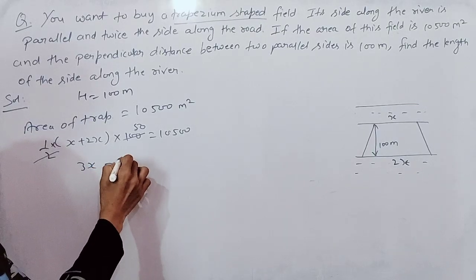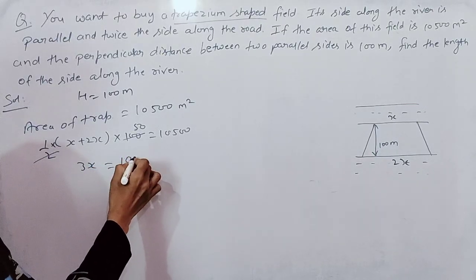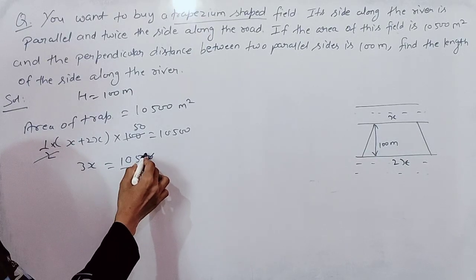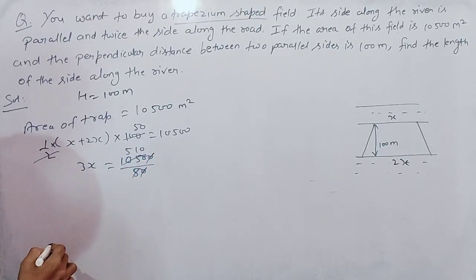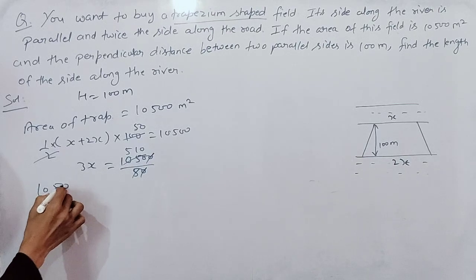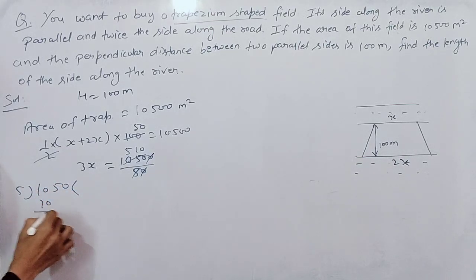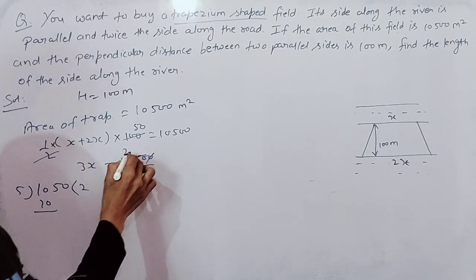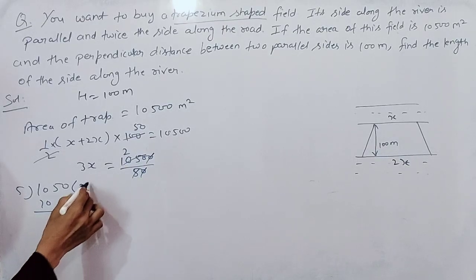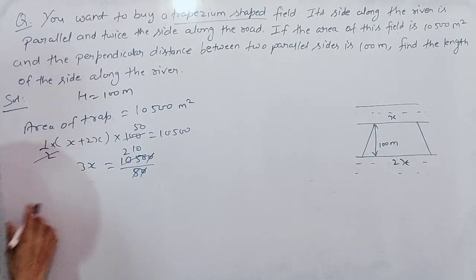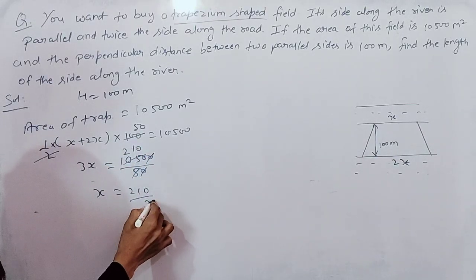Now 10,500 upon 50. 5 twos are 10, 5 ones are 0, so 210. So 3x is 210, and x is 210 upon 3.